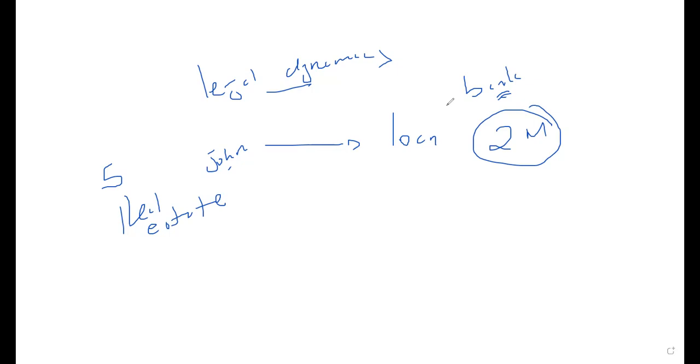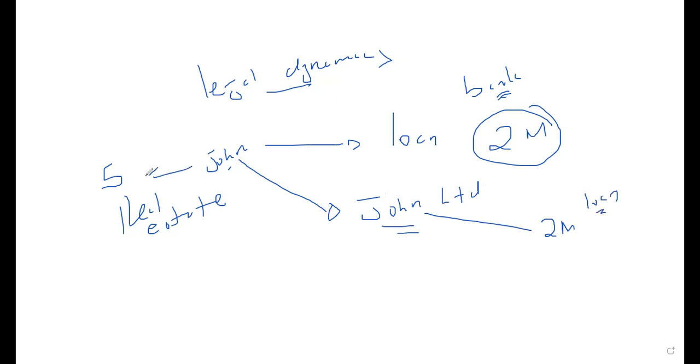But now, let's say John ends up forming John Limited, okay? And he's the owner of this company, John Limited. Then John Limited takes a 2 million loan. John still owns this real estate.